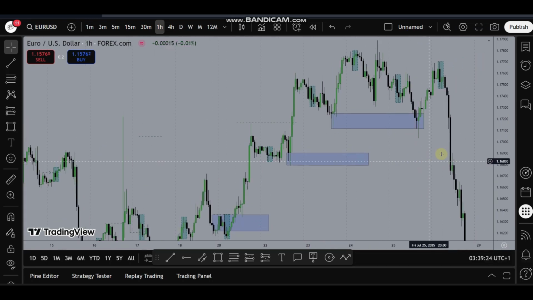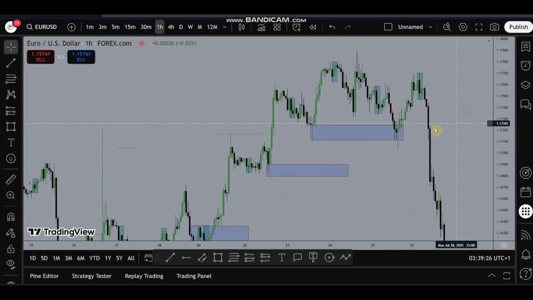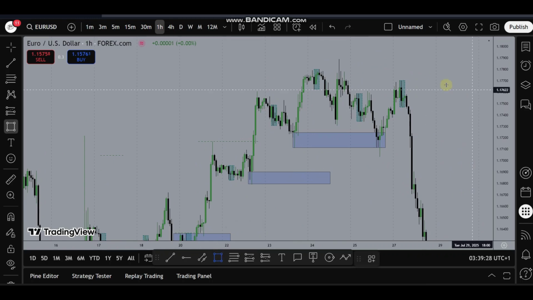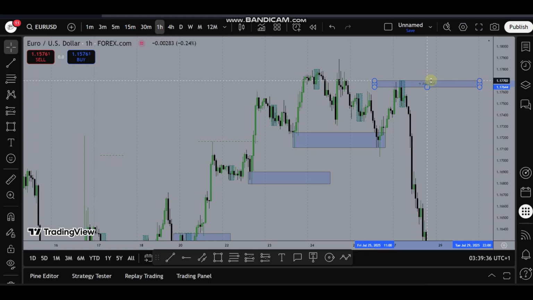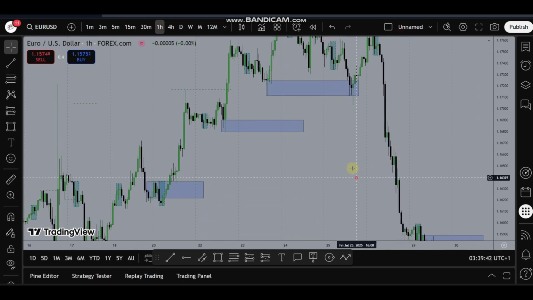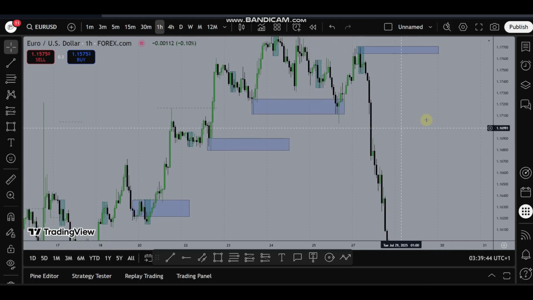This is a rejection block, it's still here at the top of this place. When you mark only the wicks of a swing point, it becomes a rejection block. So you can see these things are everywhere on the charts.